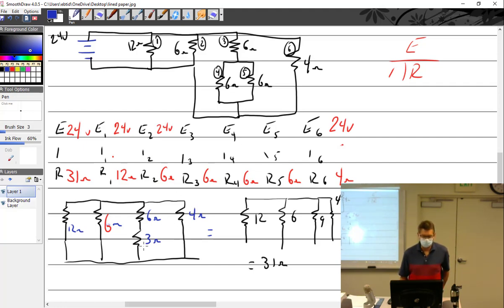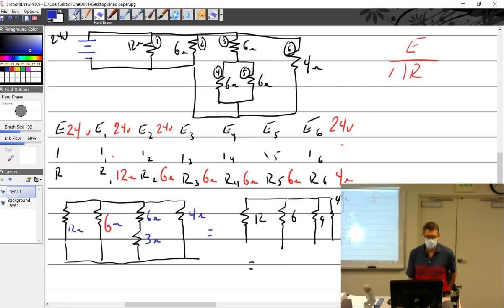So when you combine all those, 12 is by itself, 6 is by itself, 6 plus 3 is 9, and 4 is there.